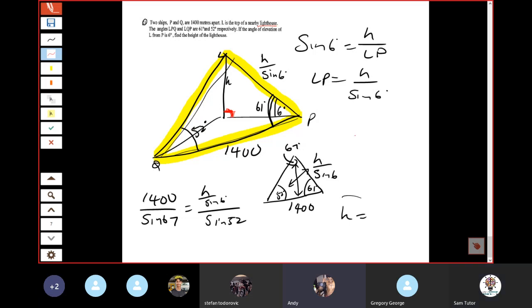The H, like I times the sine over the sine 52 to the 1400. Yeah. And then I timesed the sine 6 to it, and I got a negative 0.15. Negative. How? So you're at 1400 on sine 67.